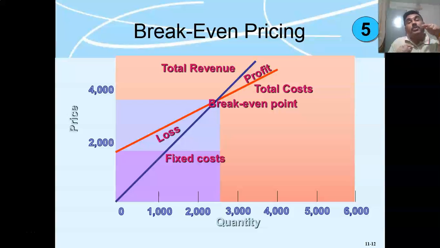If you do not sell that many units, that target, it means the value they have fixed for that product is not sufficient for the company to get a profit, right? So these are all about break-even pricing.